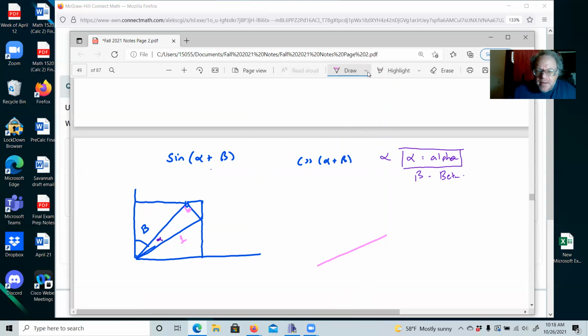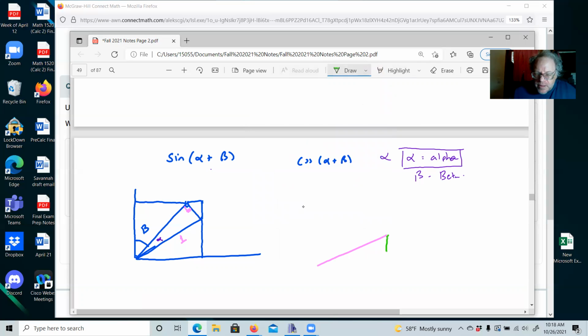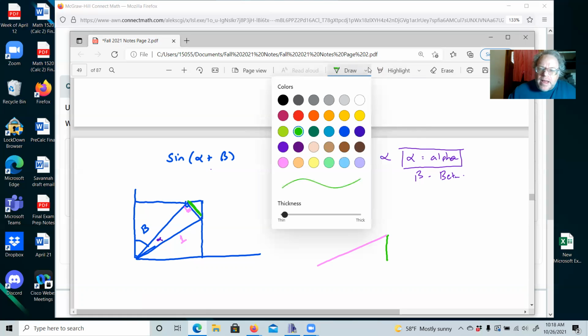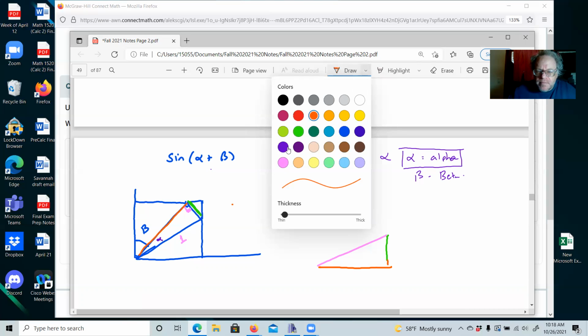And we'll go with green here. So this side here is the green one. And we'll go with orange for this piece. So this guy here is my orange. And remember, this one was my alpha.